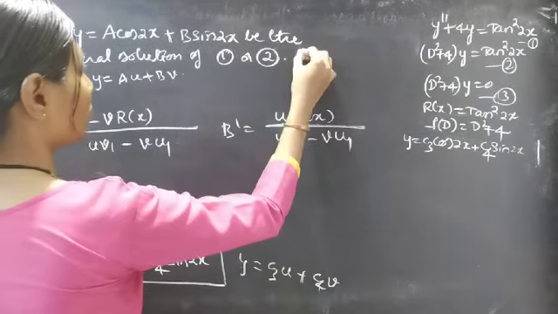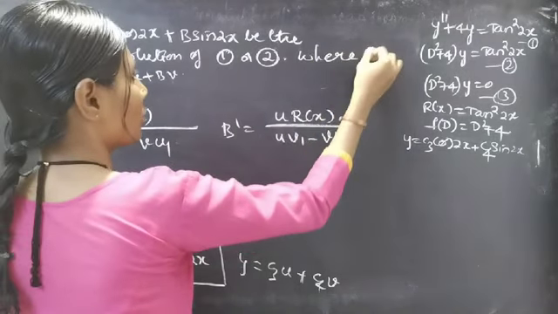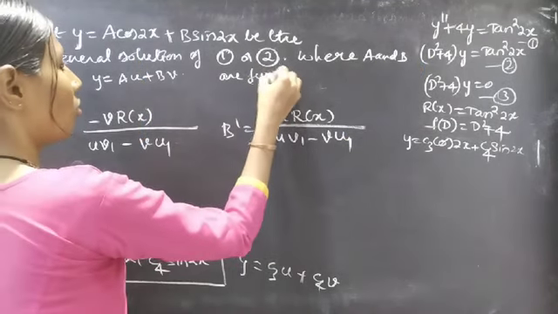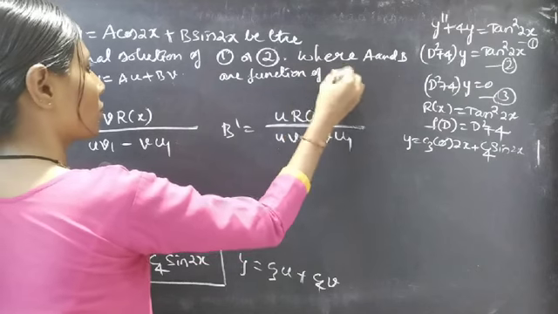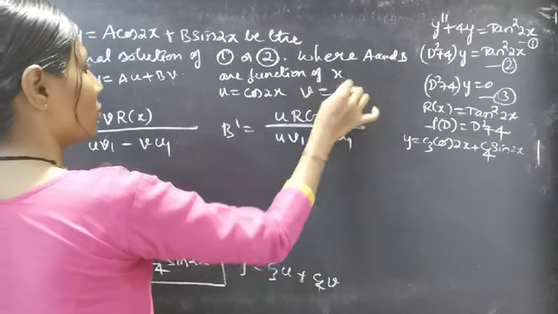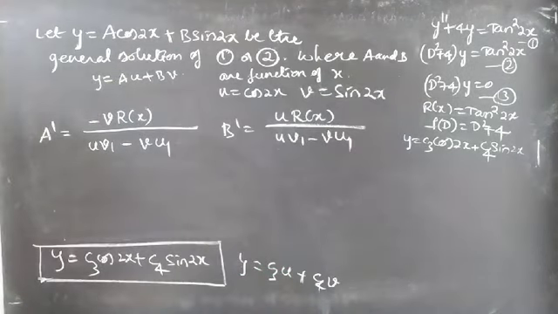Here a and b are functions of x, and u equal to cos 2x, v equal to sin 2x. Okay, and firstly we'll find uv1 minus vu1 because it exists in both the formulae, right? So first we'll find uv1 minus vu1, and later we'll go for a dash and b dash, and then we'll find a, b.